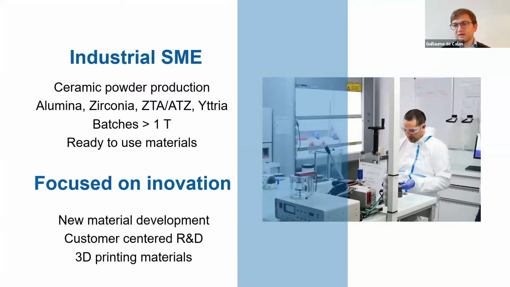We're a medium company producing industrial scale raw materials for ceramic, mainly for traditional process, so not only for 3D printing, but also for more traditional process. We focus mainly on ceramic materials, even though you will find out that we also do a bit of metal, and in ceramic, mainly on a class of material called oxides, where you will find alumina, zirconia, and a few other ones.